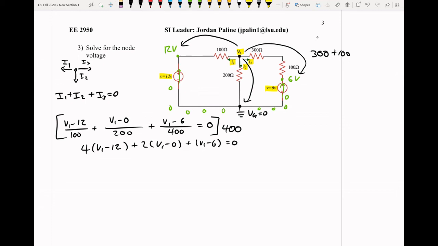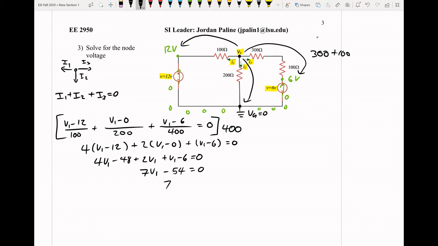Okay, and then if we come in here and start multiplying out, 4V1 minus 48 plus 2V1 plus V1 minus 6 is equal to 0. We will get 7V1, looks like that'll be minus 54 is equal to 0.